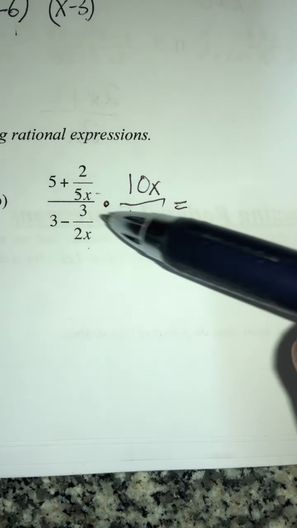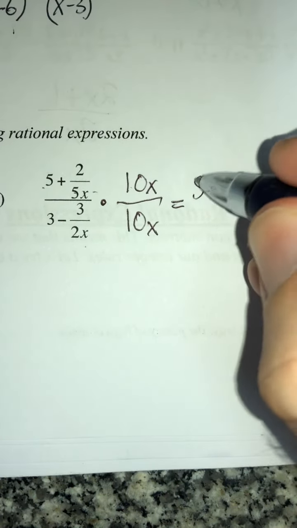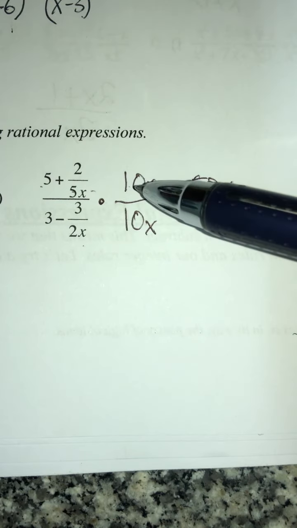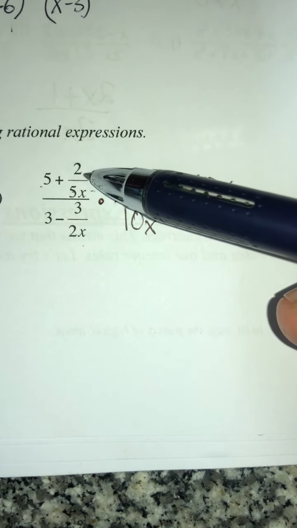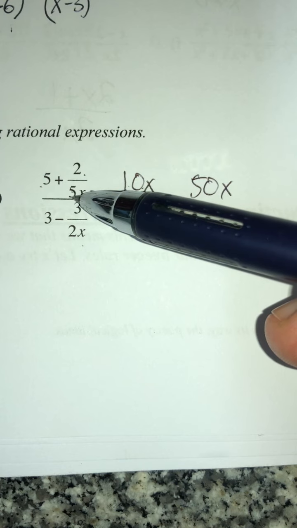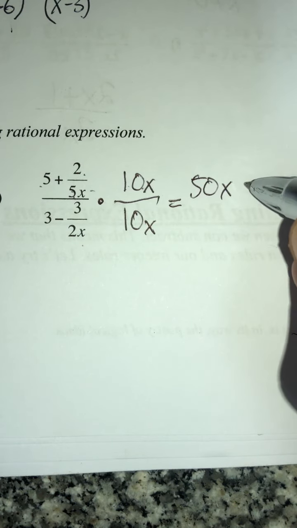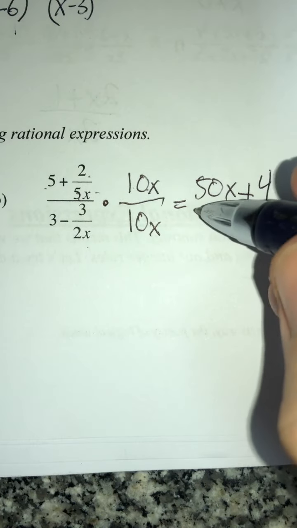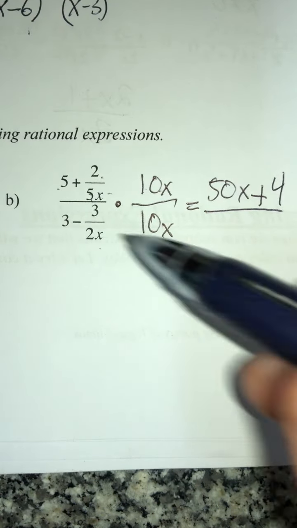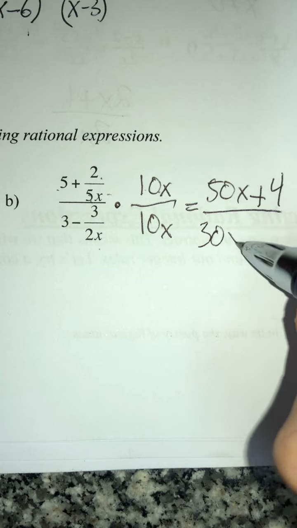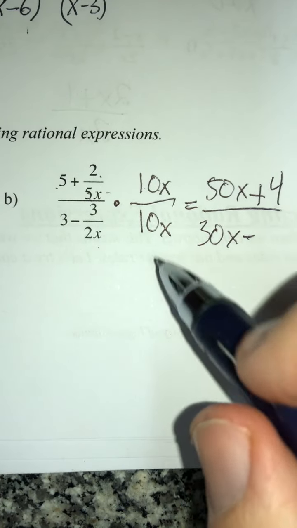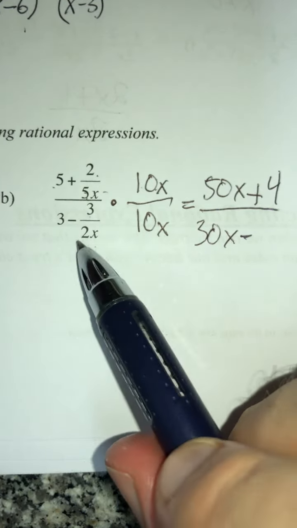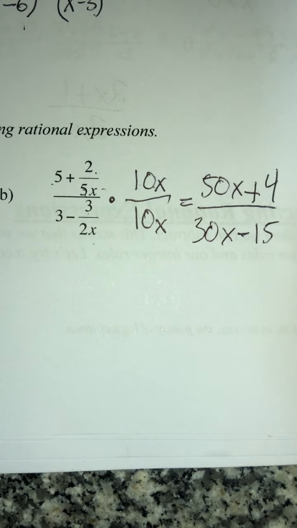So this is going to equal 5 times 10x is 50x. 10 times 2 is 20 divided by 5. 20 divided by 5 is 4. So we got a plus 4 because the x's cancel. Then in the denominator, 10x times 3 is 30x minus 10 times 3 is 30 divided by 2 is 15. So minus 15.